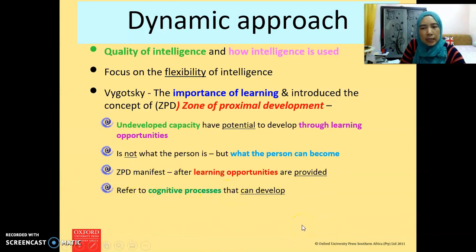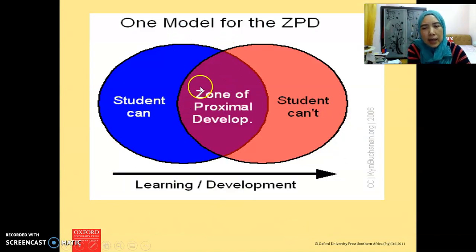I will explain in the next slides regarding this slide. Let's say here the student can't, and then here the student can. The student can't maybe because they didn't listen to the class or didn't attend the class, but they have the capacity. It's only that the capacity is undeveloped because they were not exposed to it.